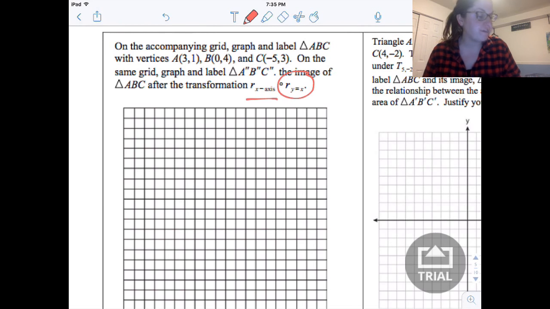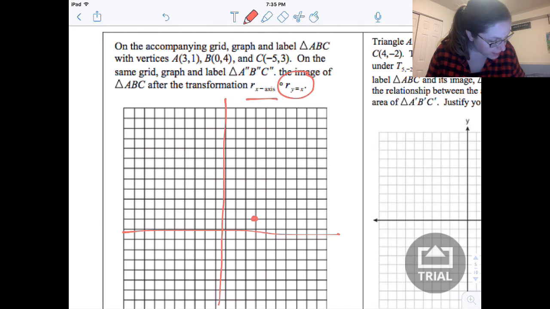So we're going to do both, okay? So I'm going to start by graphing my triangle. So 3, 1 will be right here, that's A. 0, 4 will be right here, that's B. And C is at negative 5, 3. So that's C. So this is my pre-image.